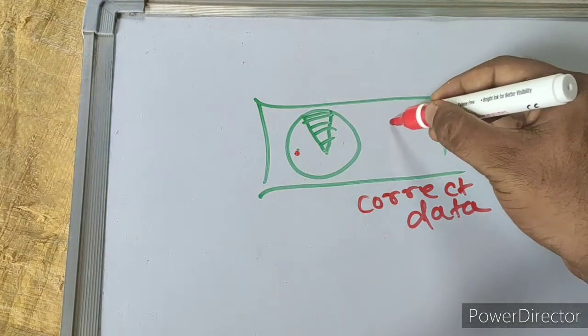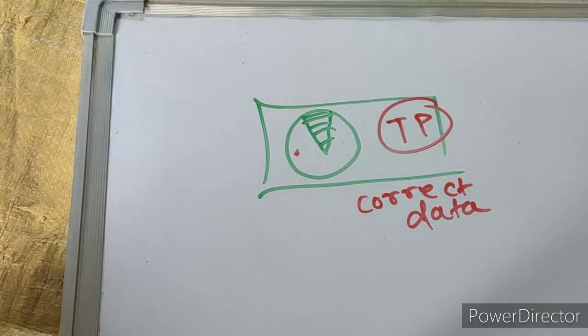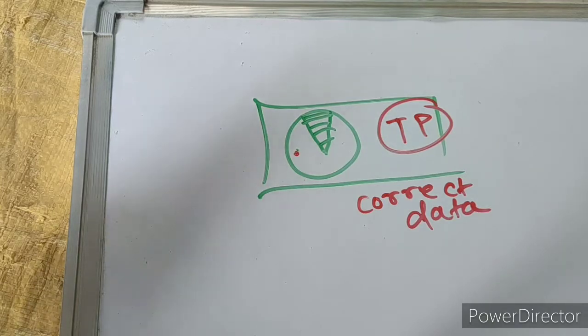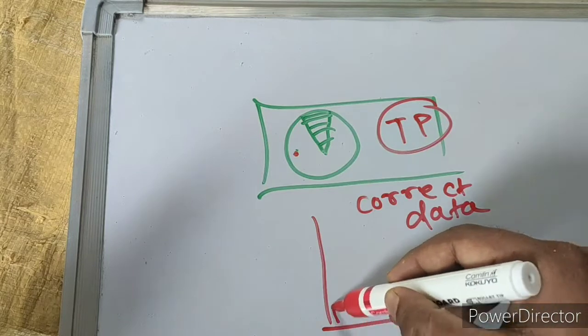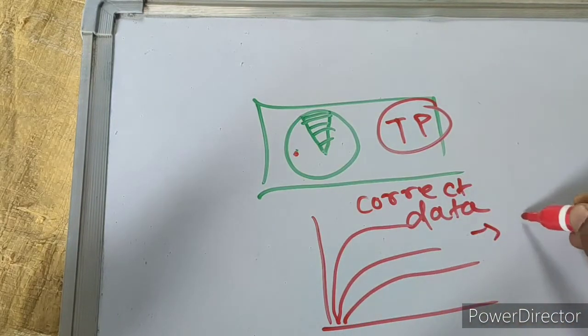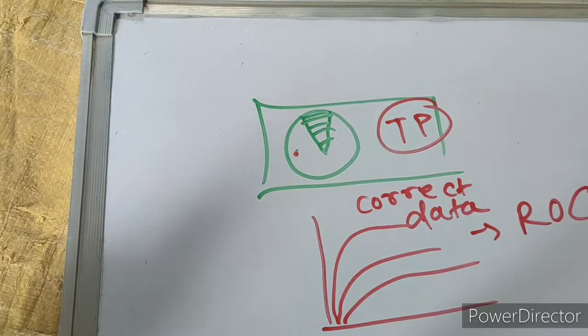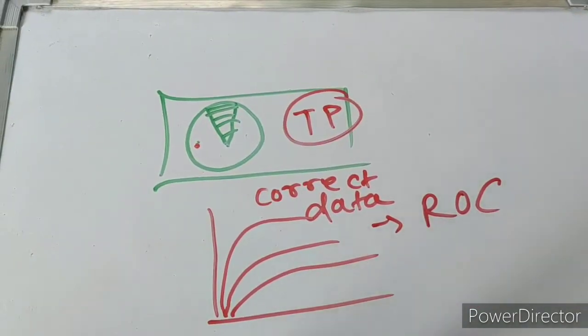Mathematically, this is considered as true positive: how much of the data is true positive. To understand this, they were using a curve like this. This curve is known as the ROC curve. The term ROC came from the Second World War, from radar operation.